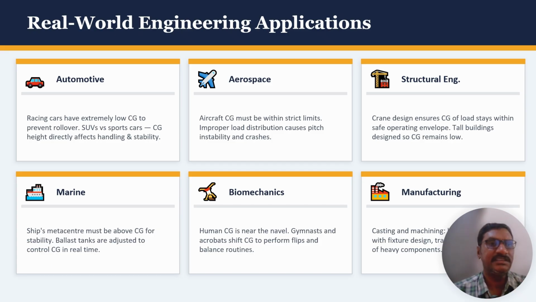In contrast, an SUV with a high center of gravity is much more prone to rolling over in sharp turns. So automotive engineers spend enormous effort calculating and physically testing the center of gravity of every new vehicle design.